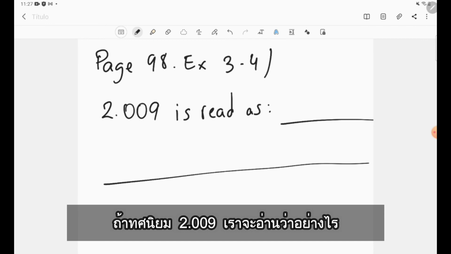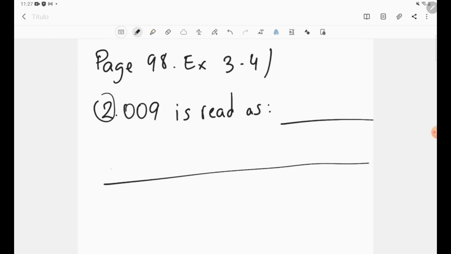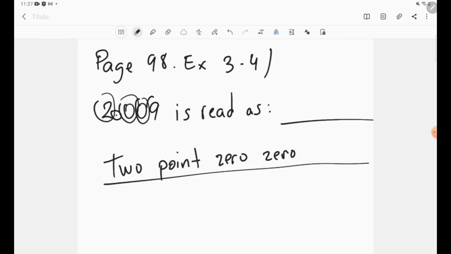Sorry, how do you read it? Well, just as we said, okay. Two point zero zero nine. Okay, this is how we read it. It's pretty easy.